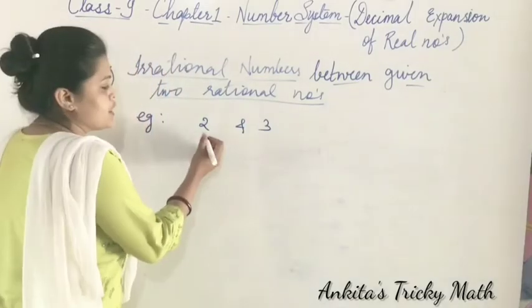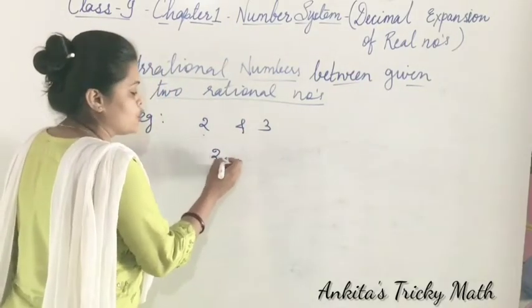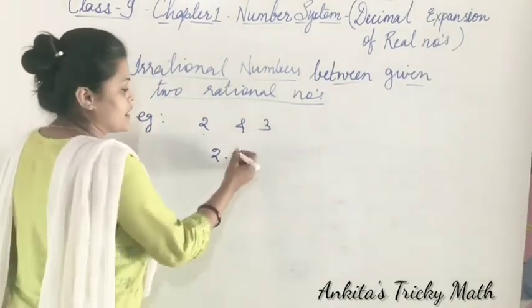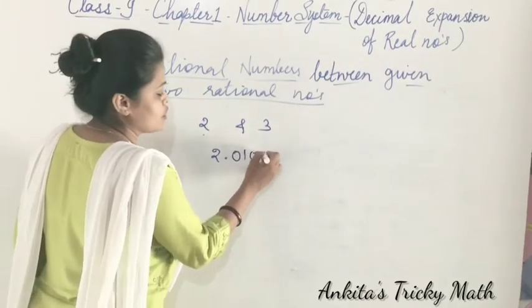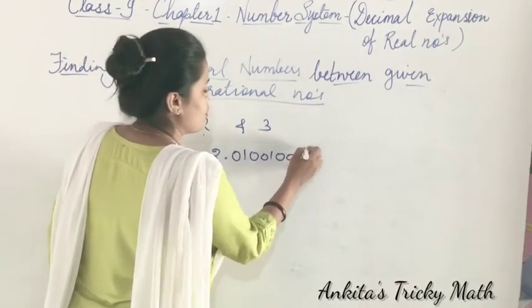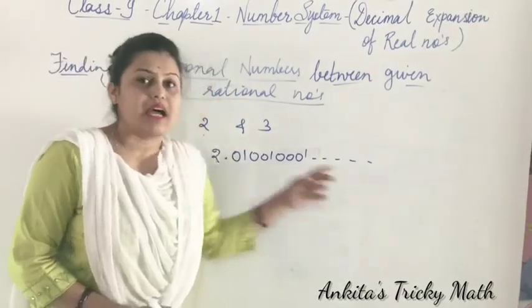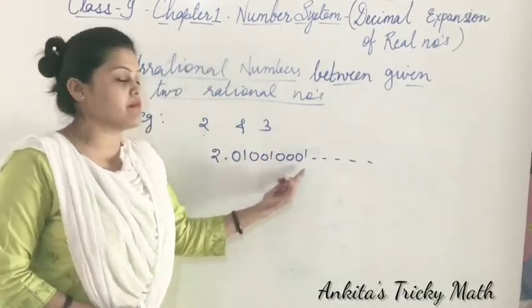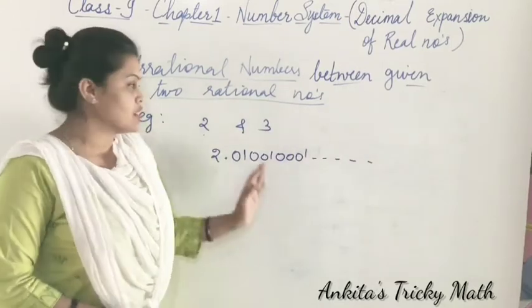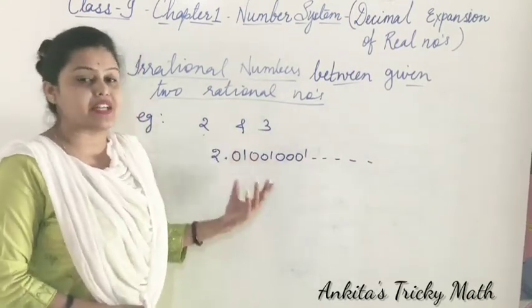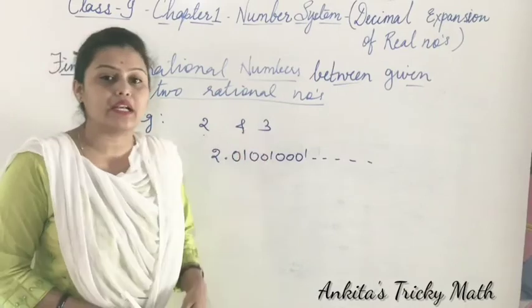It will come 2 point something, it can come 2.01, 001, 0001. It will be non-terminating and non-recurring, because every time we can see a different pattern. So this can be an irrational number between 2 and 3.